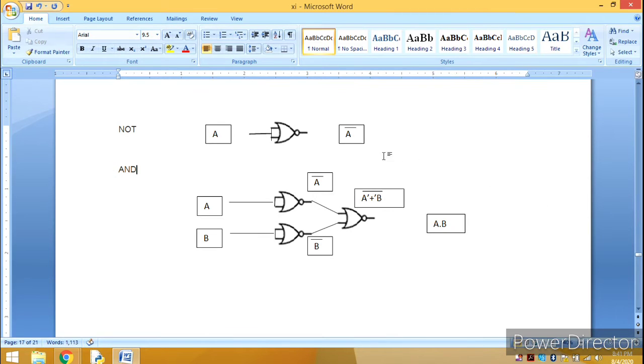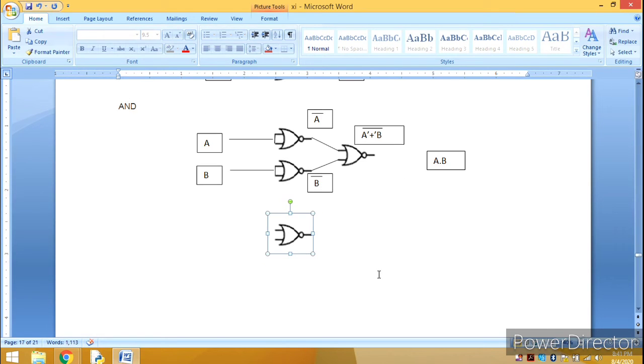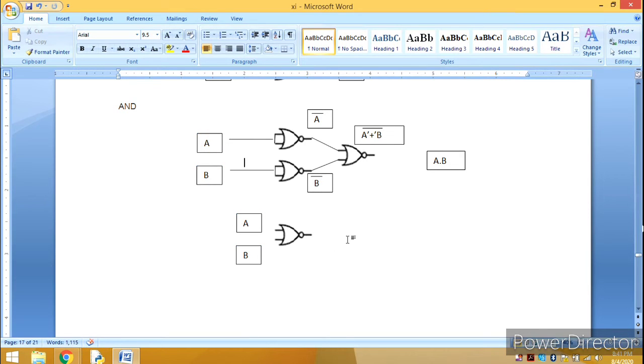Similarly, now let us have once again, suppose this is your circuit, the same logic is being applied over here like this. You are having two inputs over here, the two inputs are A and B once again.